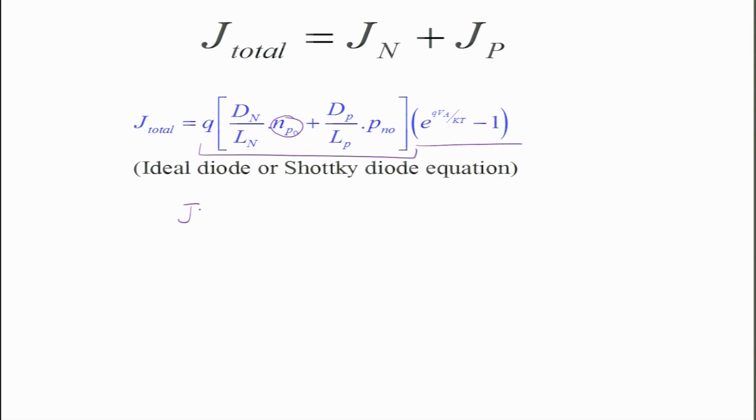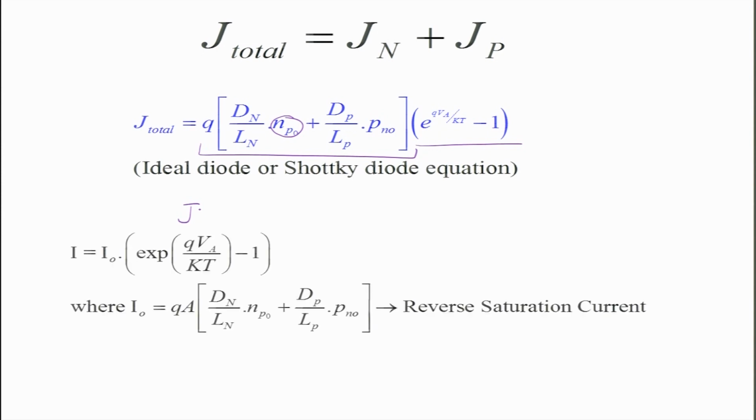I think I have already written it here. If you convert the current density into current, you can write this as I equal to I naught into exponential of qVa by kT minus 1, where I naught can be written as q into area, because J is equal to I divided by A. So q into A into Dn divided by Ln times Np naught plus Dp divided by Lp times Pn naught.